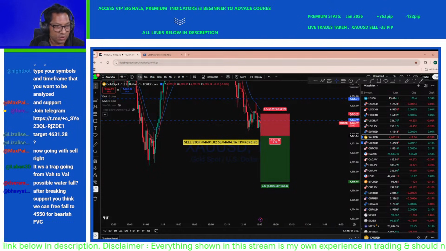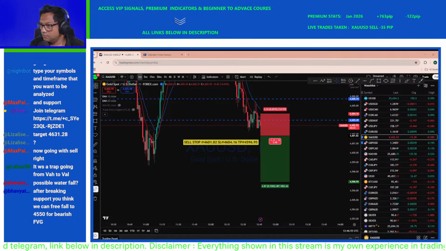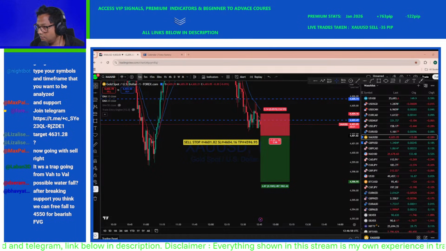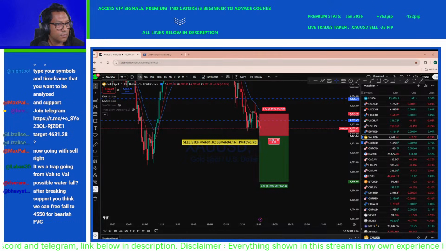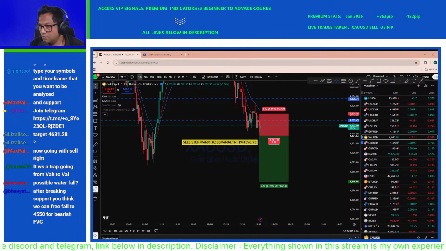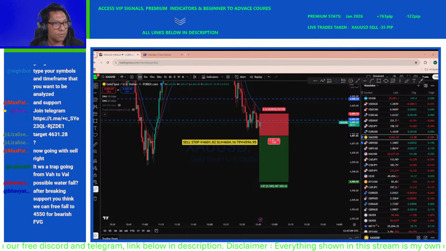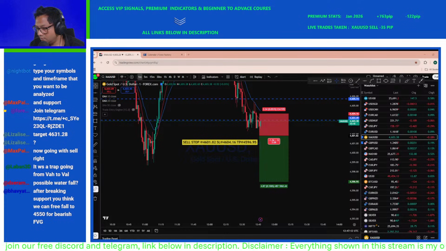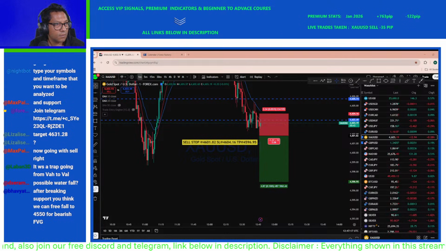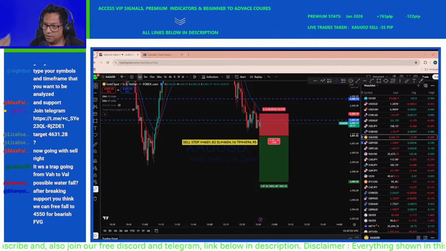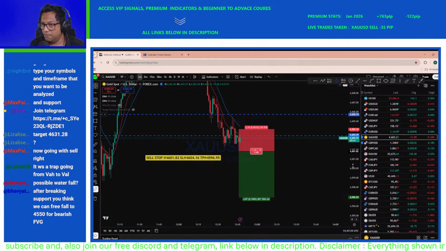It's a sell stop order, so place that sell stop order for a potential break below.